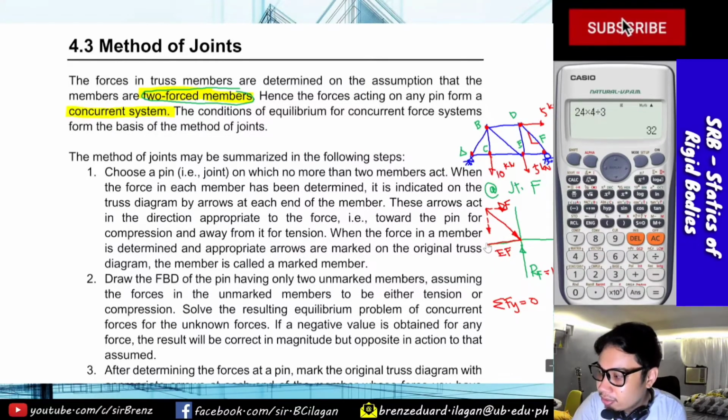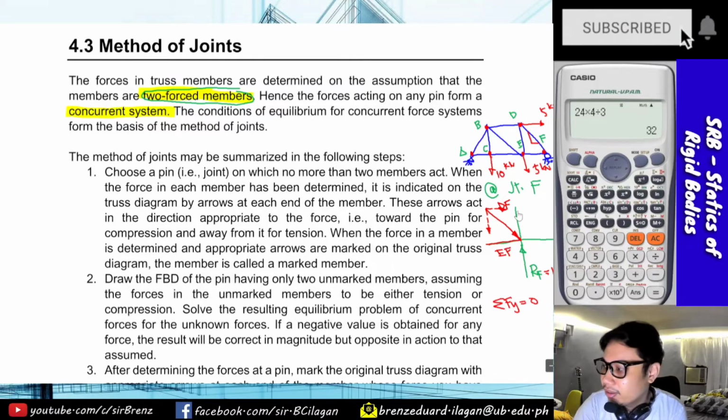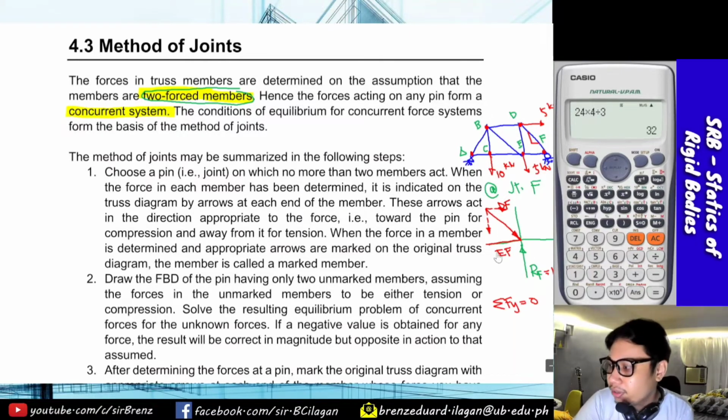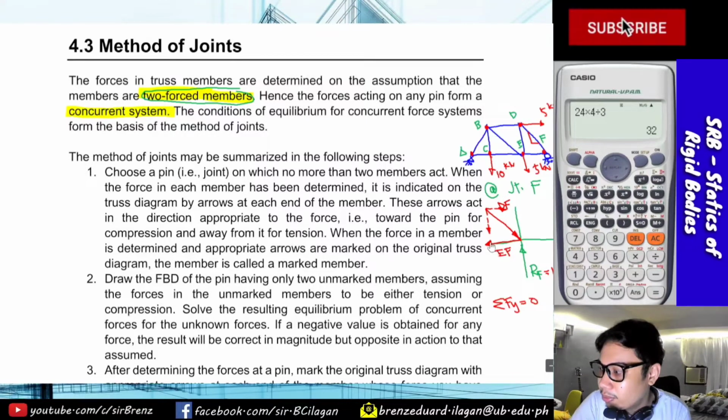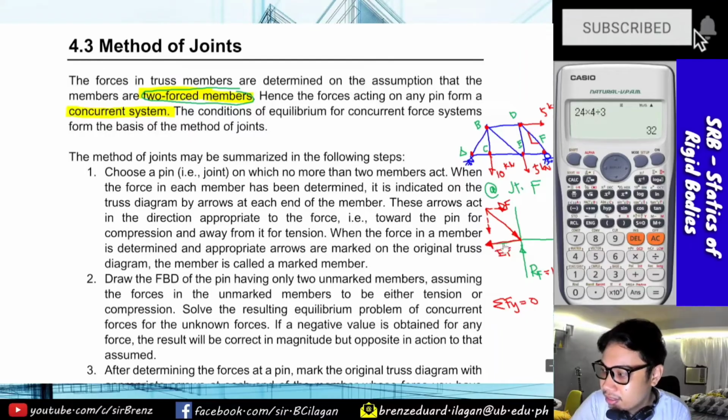How about EF? Okay. So, sa EF, since dun sa DF mo, inassume mo siyang compression and yung X component niya is papunta sa kanan, therefore, yung EF mo should be tension or papunta sa kanan or palabas dun sa iyong joint F. Okay? So, para mabalanse niya yung system mo.